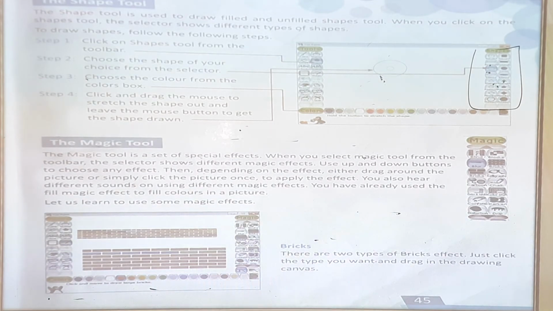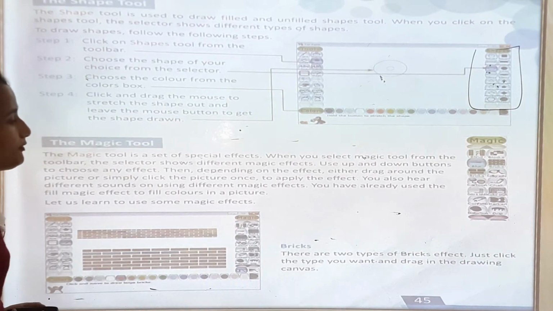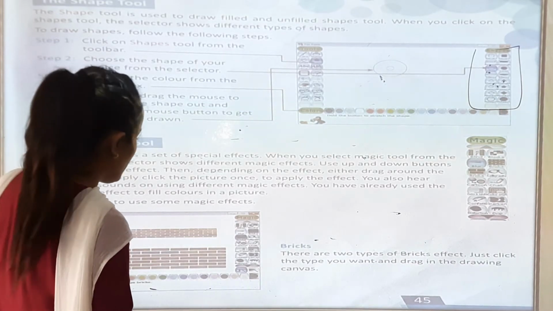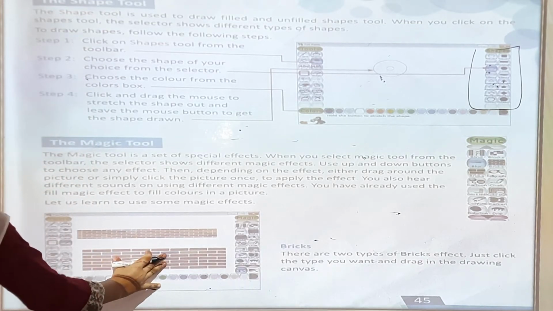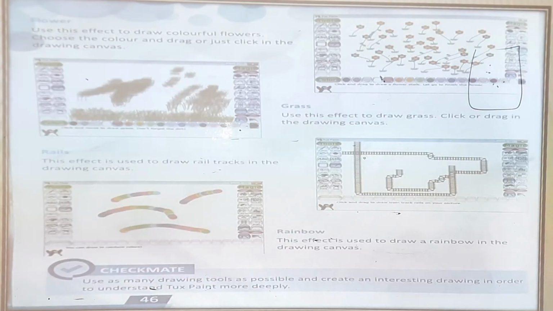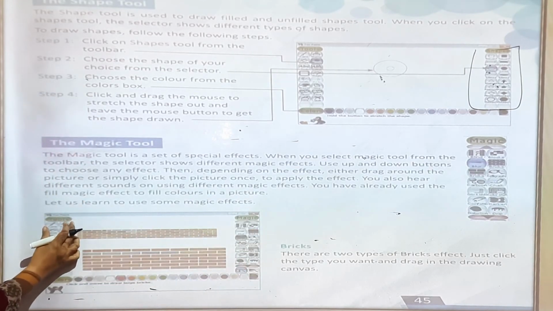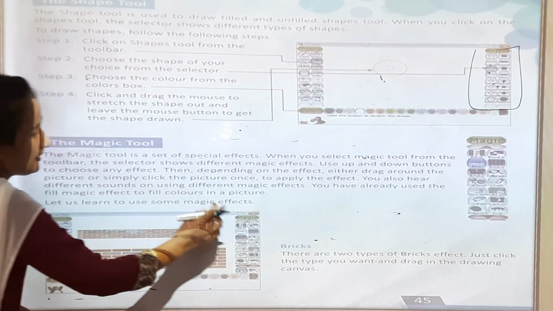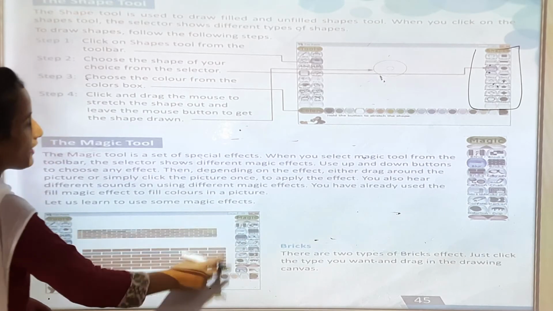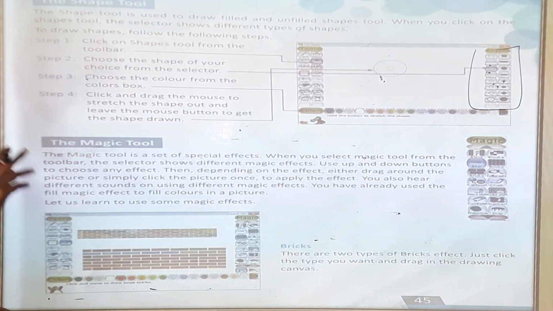For example, you want to drag these bricks. First you have to go to the toolbar and you will see the magic tool. In the magic tool there are different magic effects and you can hear the sounds also.